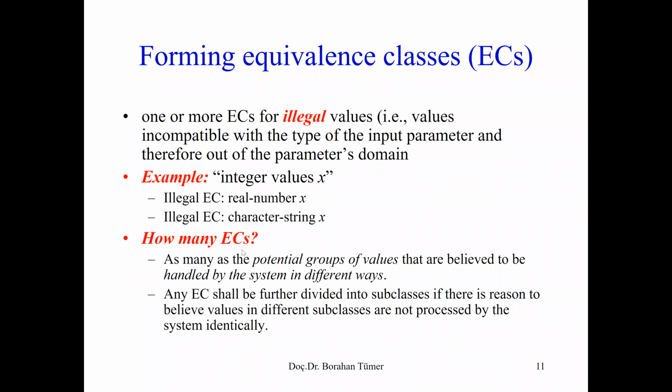How many equivalence classes? As many as potential groups of values. Well, this question actually describes how we should divide the system domain, that is the input set of the software product, into groups.